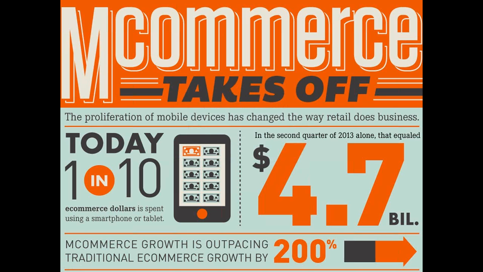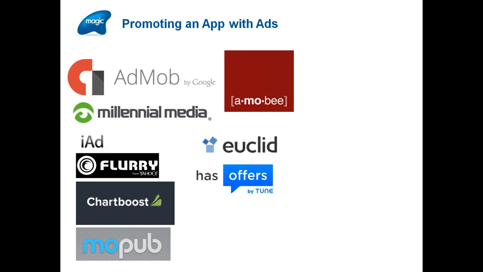And also that this is something like $4.7 billion in the second quarter of 2013, for example. The numbers just keep going up and up, and it's growing faster than the overall online commerce or e-commerce market as well. So there's reason for us to talk about this.